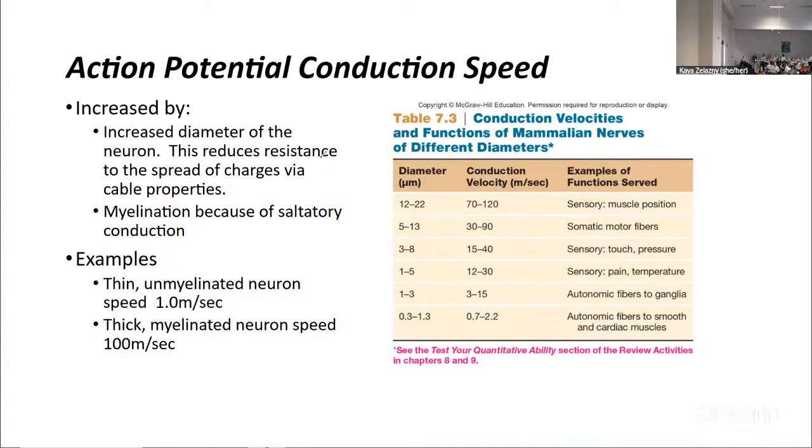Okay. So the fastest neurons, the fastest action potentials, are going to be where we have a big neuron with myelination on it. So we can see, for example, we have a big neuron here. It's going fast, way more meters per second than our little tiny ones here. Here we have a little tiny diameter neuron going very few meters per second.